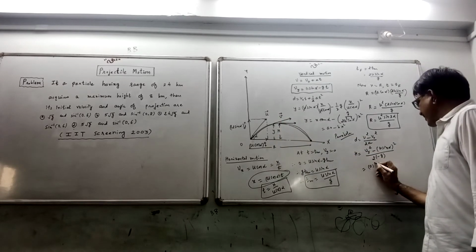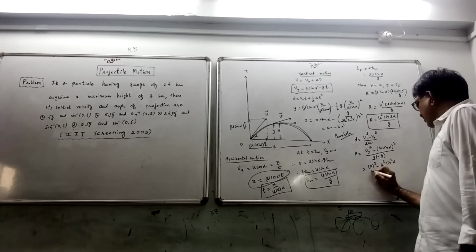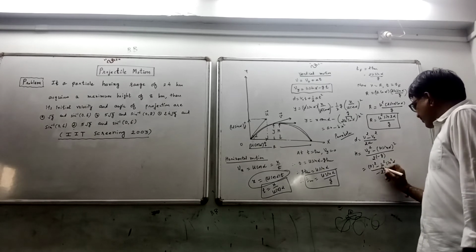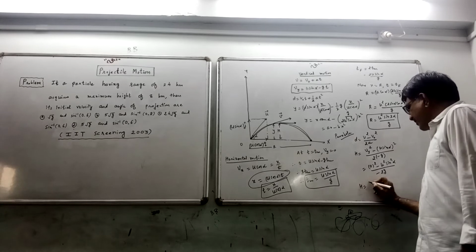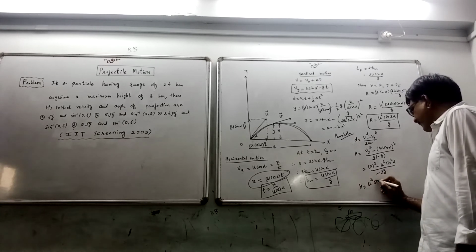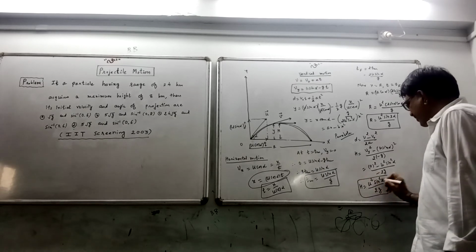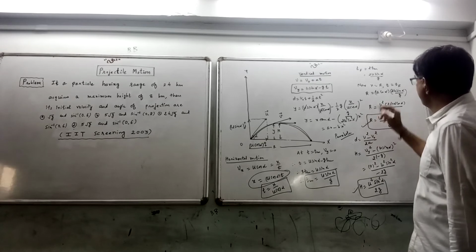So 0 square minus u square sin square alpha upon minus 2g. This minus minus will be cancelled and you will get the formula for h, that is u square sin square alpha upon 2g. These three formulas you have to remember.